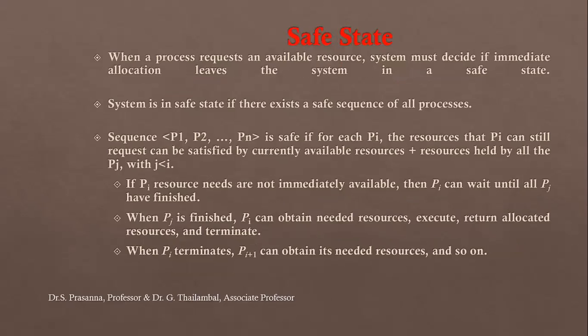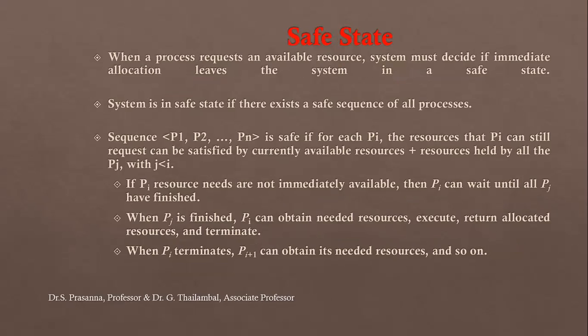Safe state. When a process requests any resource, the system must decide if immediate allocation leaves the system in a safe state. So what is a safe state? The process should not enter into any deadlock state. That state is called a safe state.